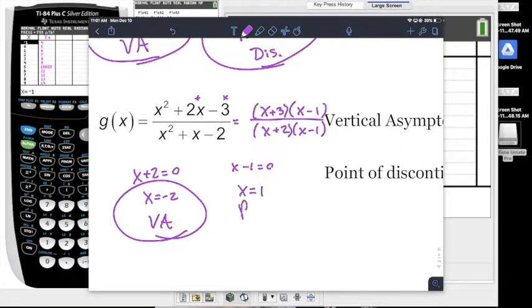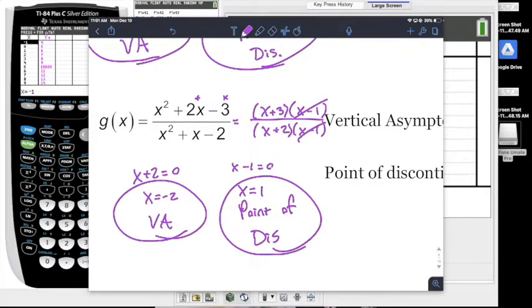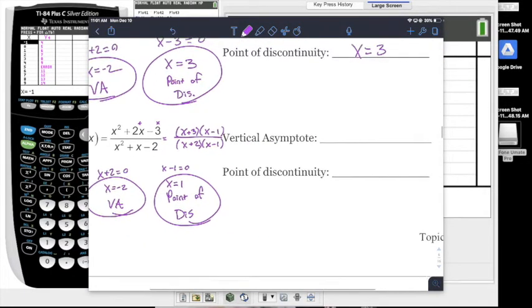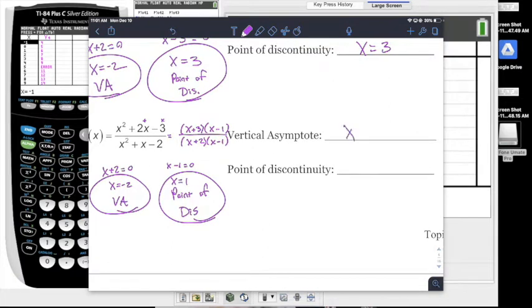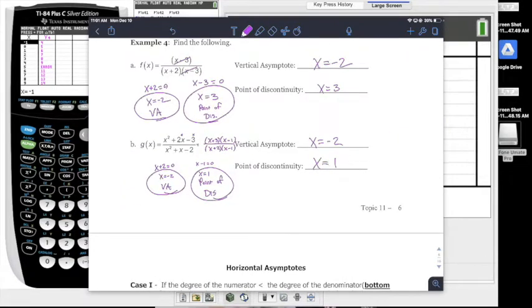The point of discontinuity is the other one, because the x minus 1 factors cancel each other out. So we'll say vertical asymptote at x equals negative 2, point of discontinuity at x equals 1. And that's how you can get that without a graphing calculator.